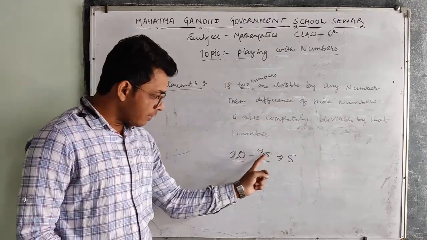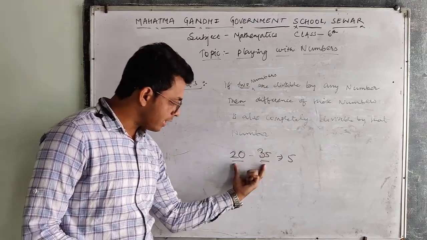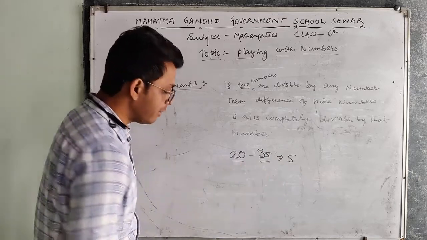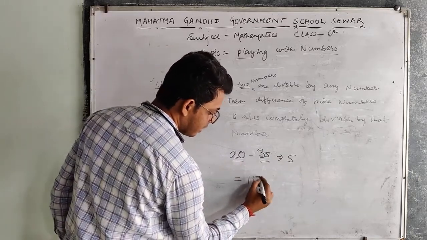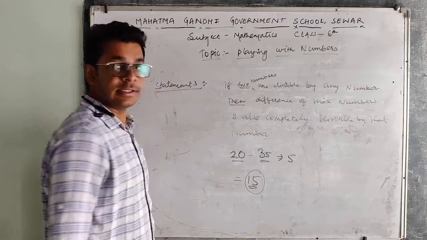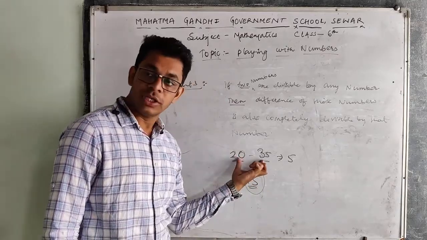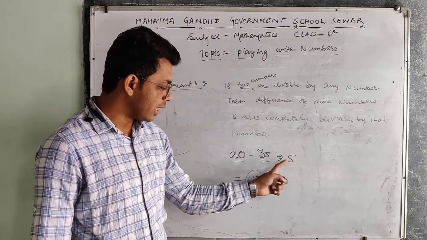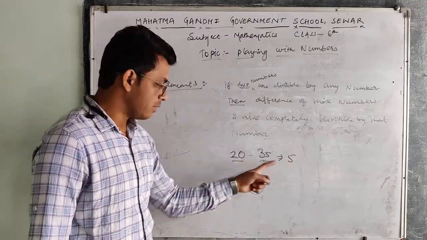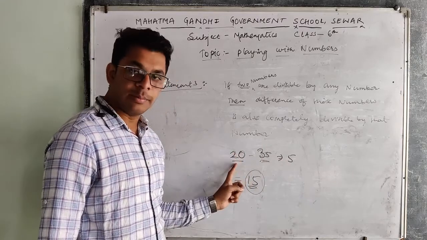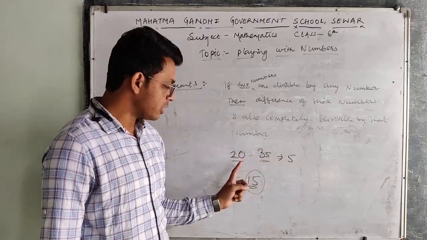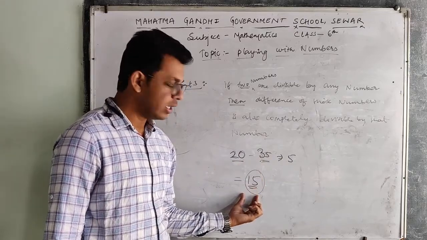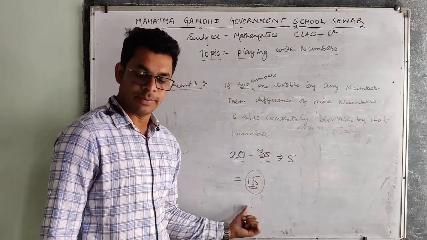If we calculate the difference of these two numbers, 20 and 35, what will be the difference? That is 15. It means the difference between these two numbers is also divisible by the number which we are dividing these two given numbers by. 5 divides 20 completely: 5 4s are 20, 5 7s are 35, and their difference comes out as 15, and 5 3s are 15.